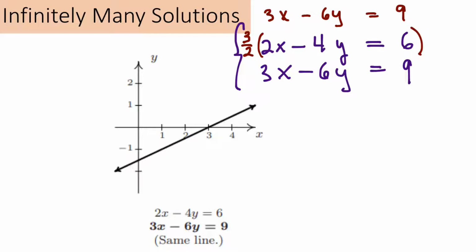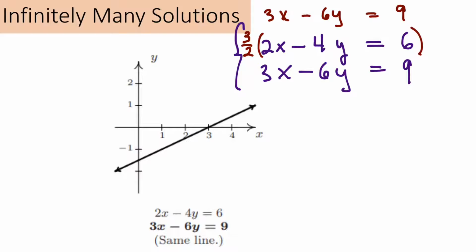So for instance, in this system, if I multiplied through each of these three terms by 3/2, I would get 3x minus 6y is equal to 9, which is actually the same equation as this.